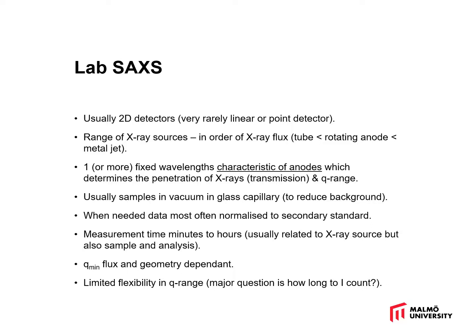So if you want to get to very low Q, you probably need to go to a synchrotron source, or maybe even think about light scattering. With most instruments, there's a fixed Q range. The major question that you face when you come to instrumentation is how long do you count? But again, all of these are issues that you might like to discuss when you come to do the practical session.